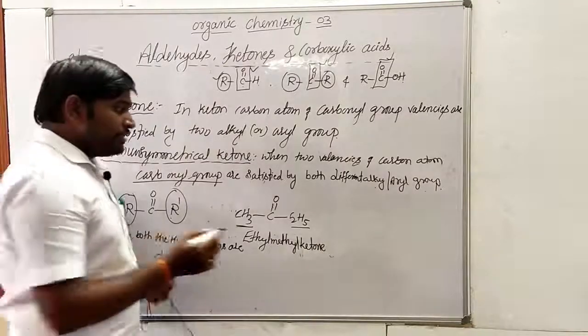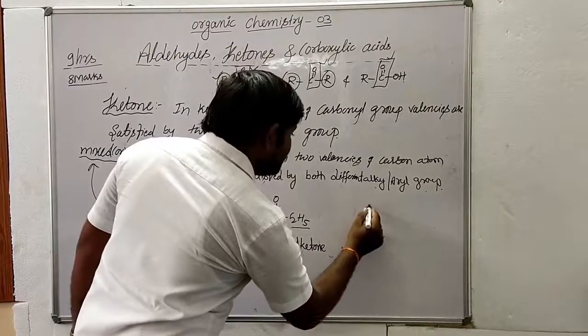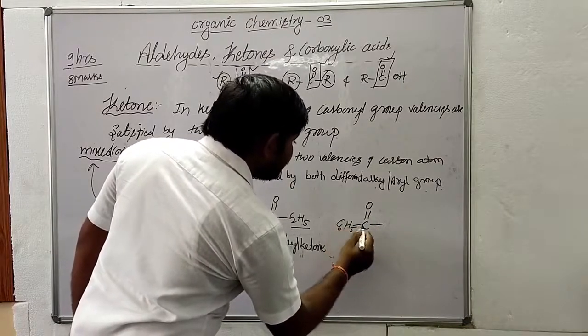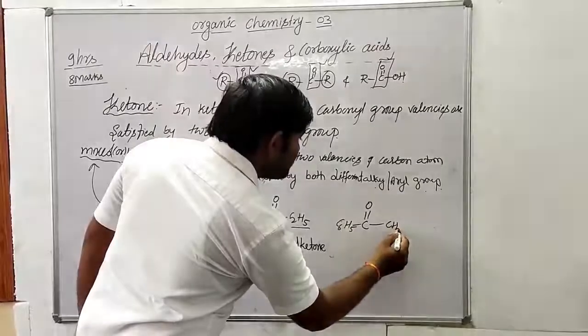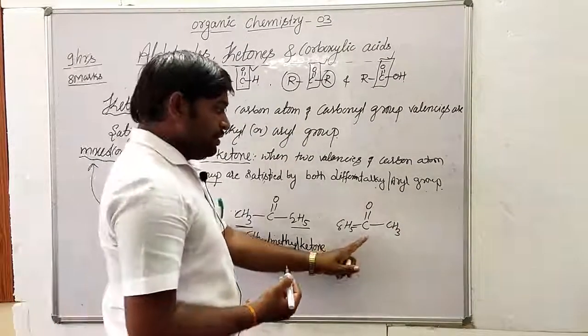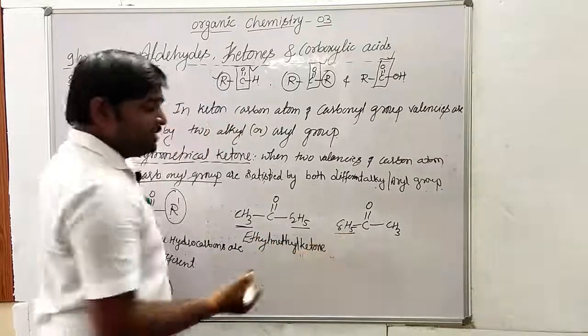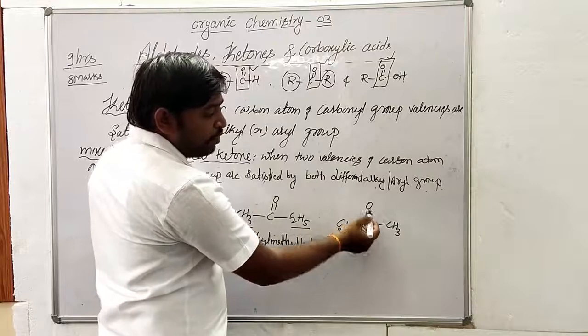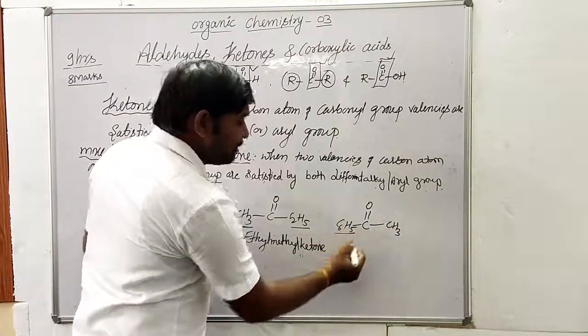For example, we may consider one more example: here CH3, here C6H5. So what is the name of this molecule? This is C6H5, a benzene ring having a COCH3 group. This is nothing but acetophenone.